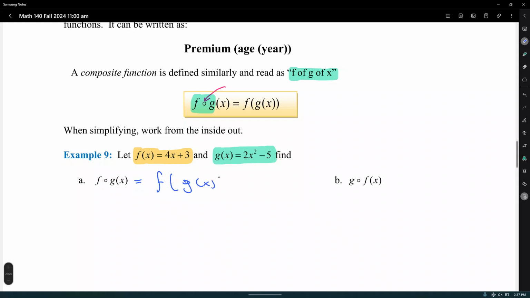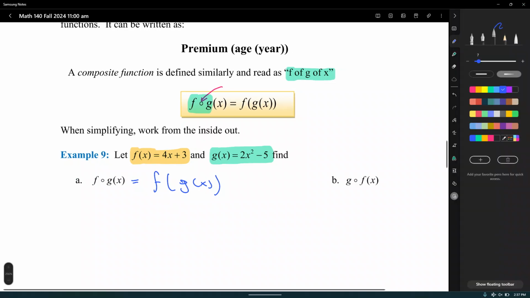So think of the function f evaluated at g. That means the function f, which is 4x plus 3, but instead of x, we write the function g of x, because we're evaluating a function at another function, not at one value. The evaluation at one value will come later.